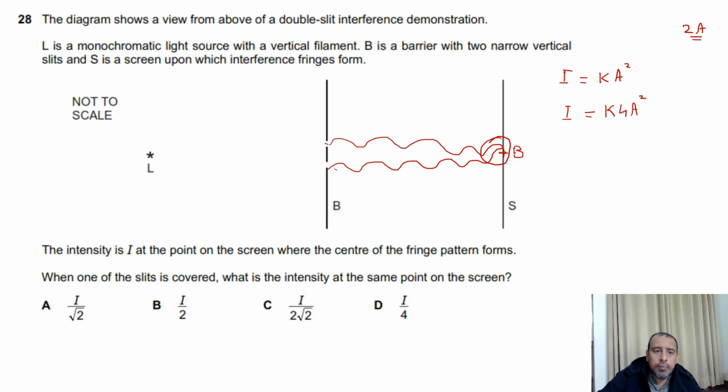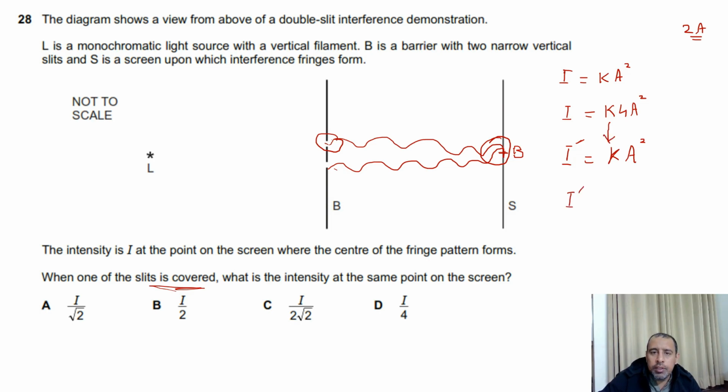If one of the filters is covered, this filter is now covered. Intensity is required if one of the filters is covered. It means the amplitude is now single, just A. For the new intensity I dash, the relation is Ka square, the simple one. So just put the value of K over here.